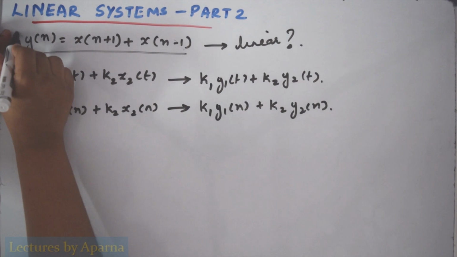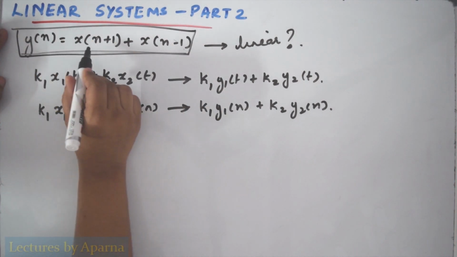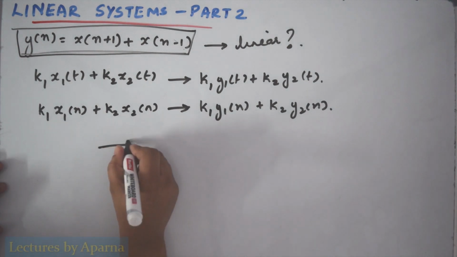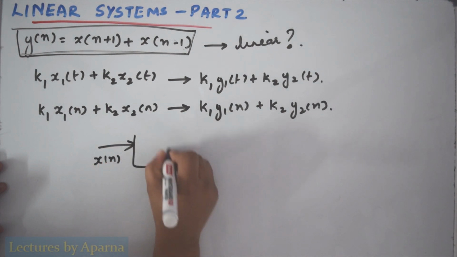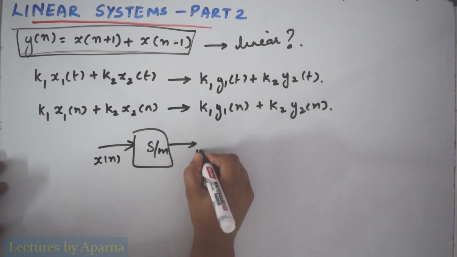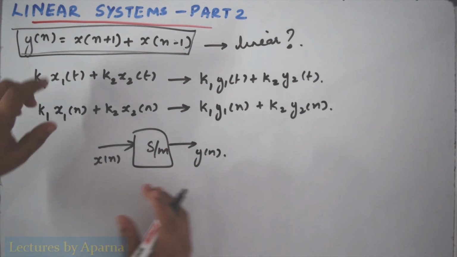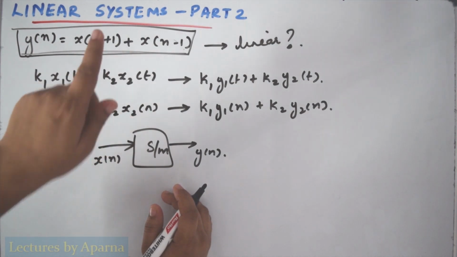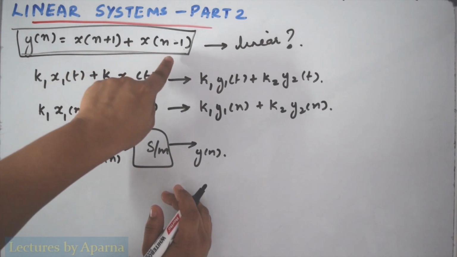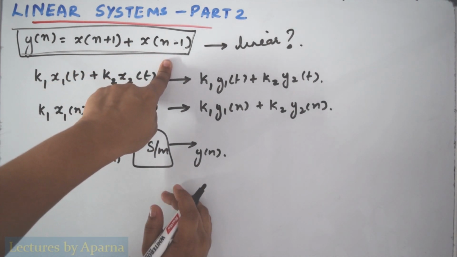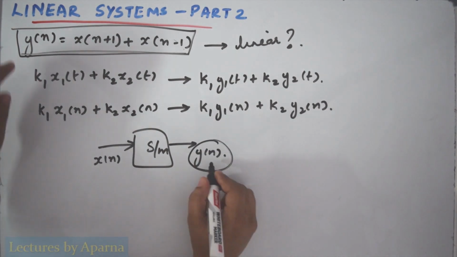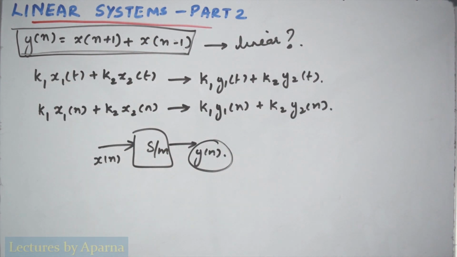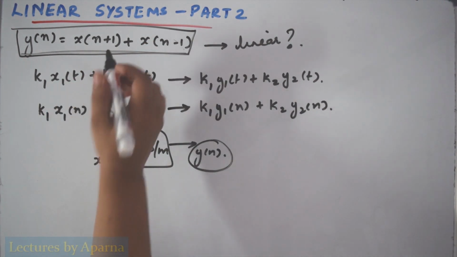So here the output equation is y of n is equal to x of n plus 1 plus x of n minus 1, where x of n is the input to the system and the output is y of n. So what will happen to the input signal? The input signal will be left shifted by 1 unit and added to the right shifted version of x of n, and the output signal will be the sum of the left shifted version and the right shifted version.